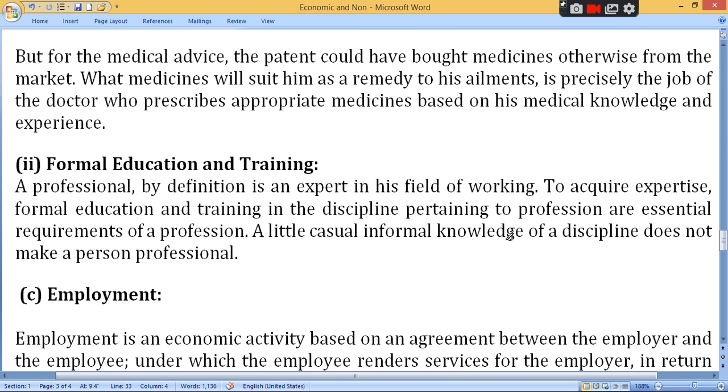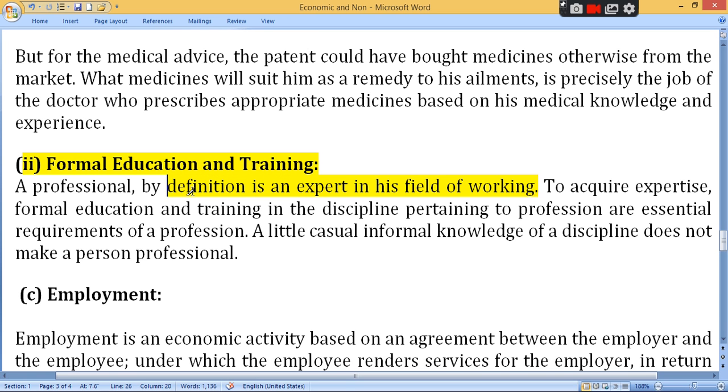So the second one, formal education and training. So the main objective of formal education is also earning a profit. Training. Clear? To continuously develop your skill. So a professional, by definition, is an expert in his field of work. What will be the meaning of profession? Expert. Clear?